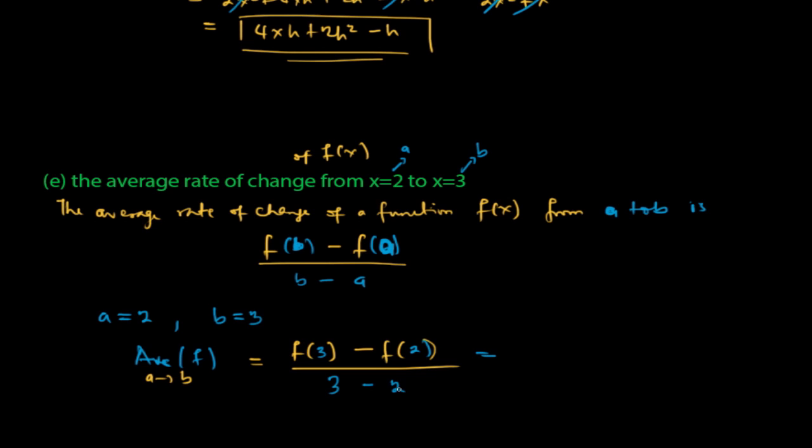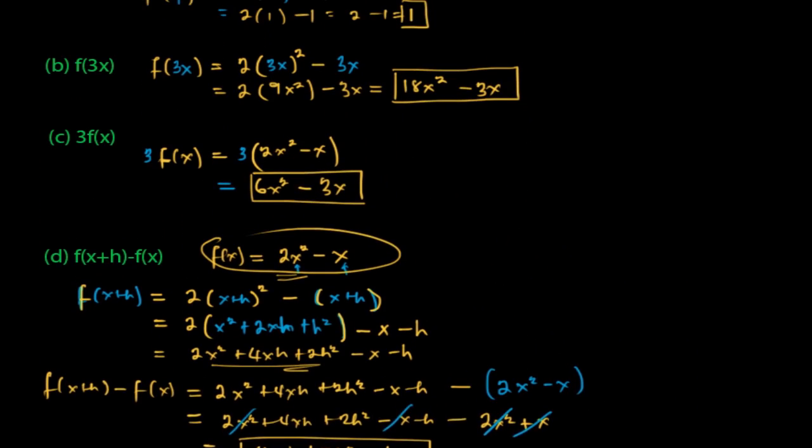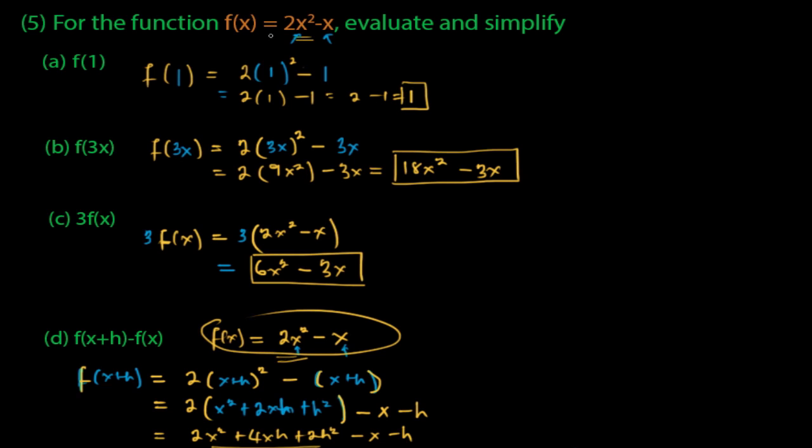We know 3 minus 2 equals 1, so this is going to be f of 3 minus f of 2. So what is f of x? The f of x we are given is 2x squared minus x.